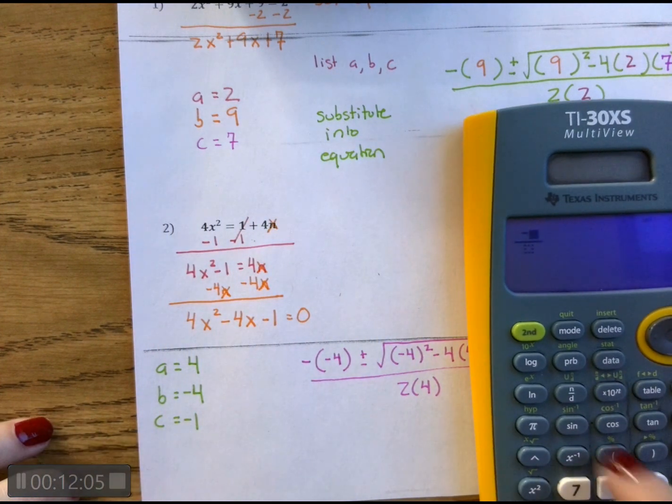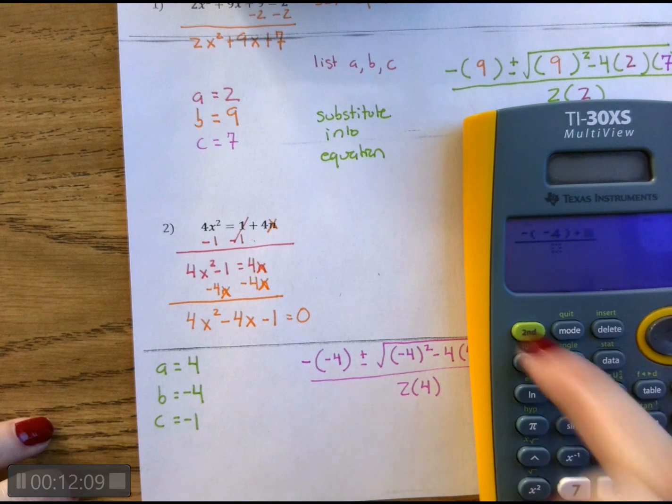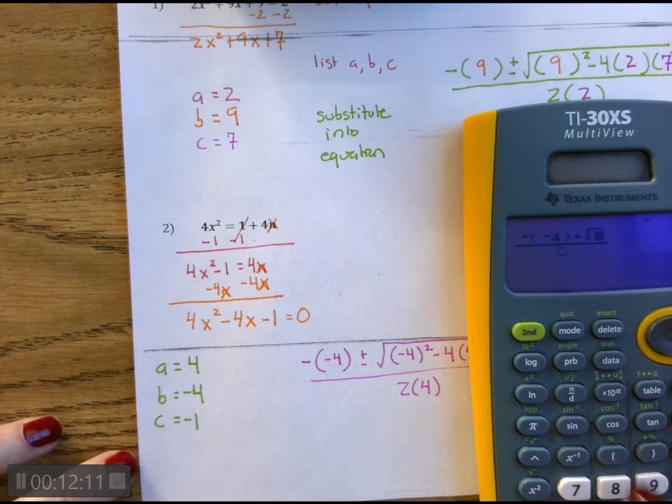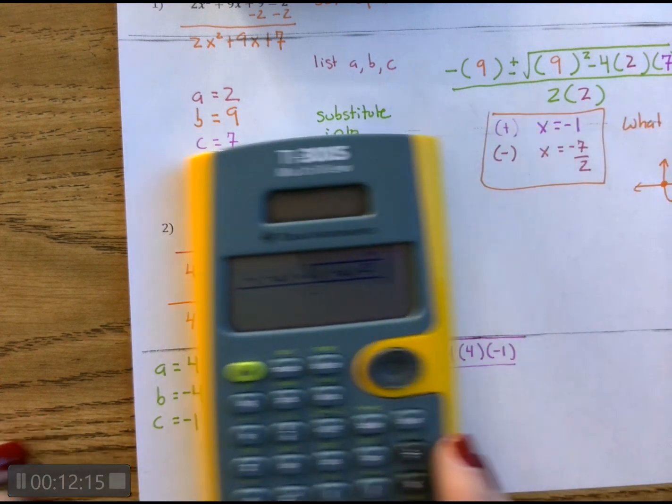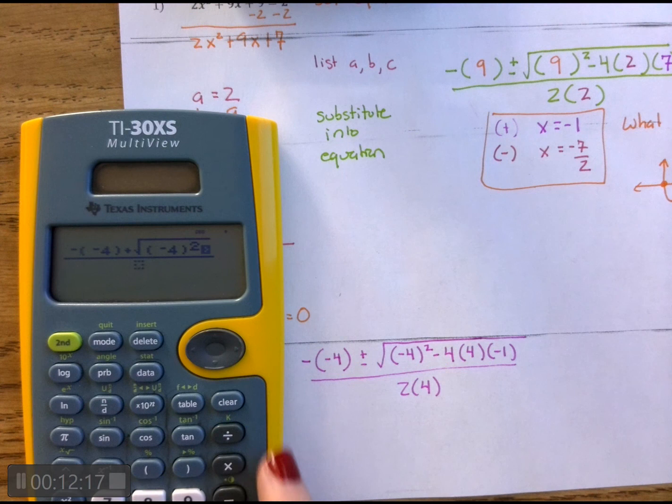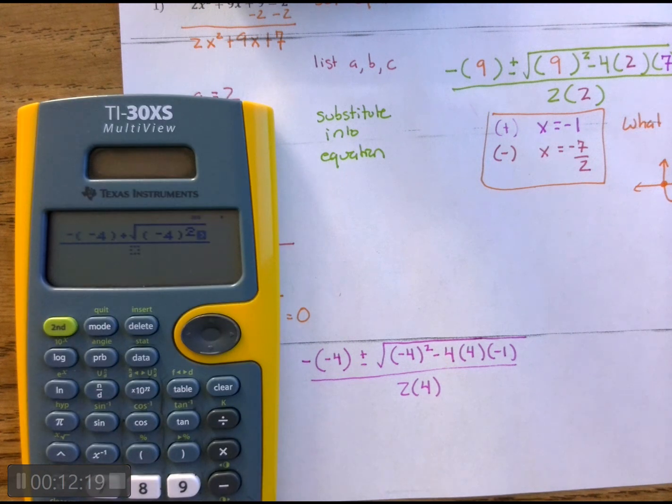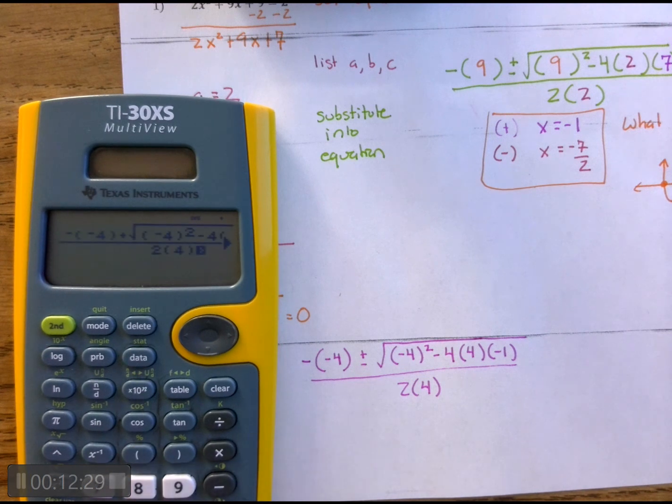Alright, so I have negative 4 plus the square root of negative 4 squared. Oops. Put it over. Oh, could have done it this whole side the whole entire time. Sorry, guys. Okay? And then minus 4 times negative 1, all divided by 2 times 4.